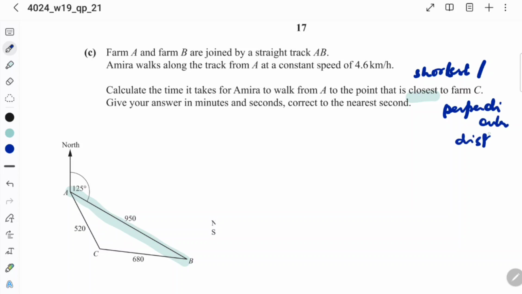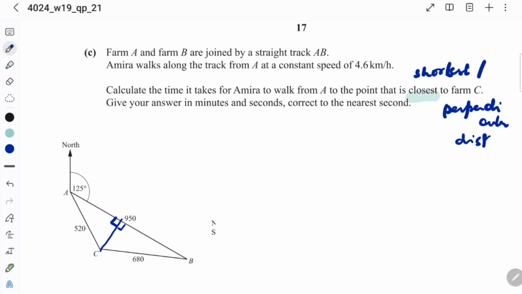So from C to AB, you know that it will make a straight perpendicular line, a 90-degree angle. Both triangles will be 90-degree right angle triangles. Give your answer in minutes and seconds correct to the nearest second.